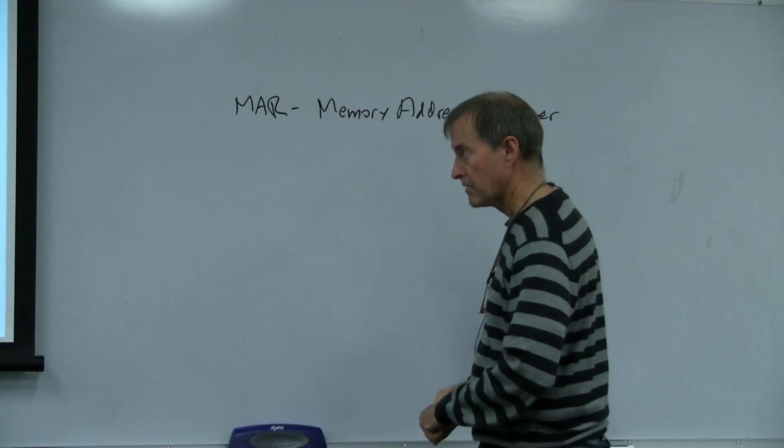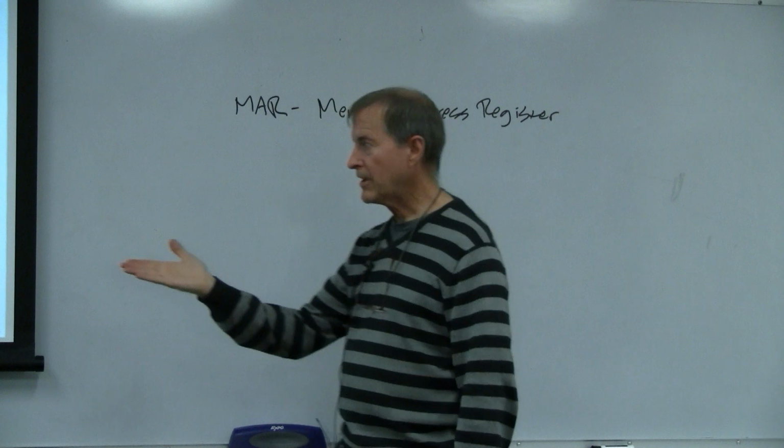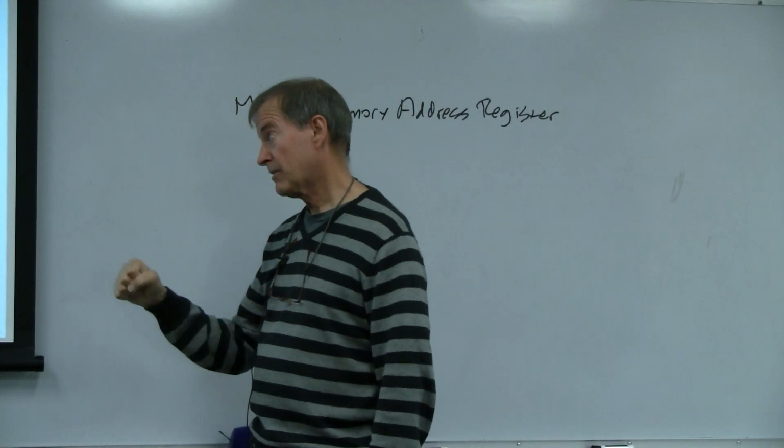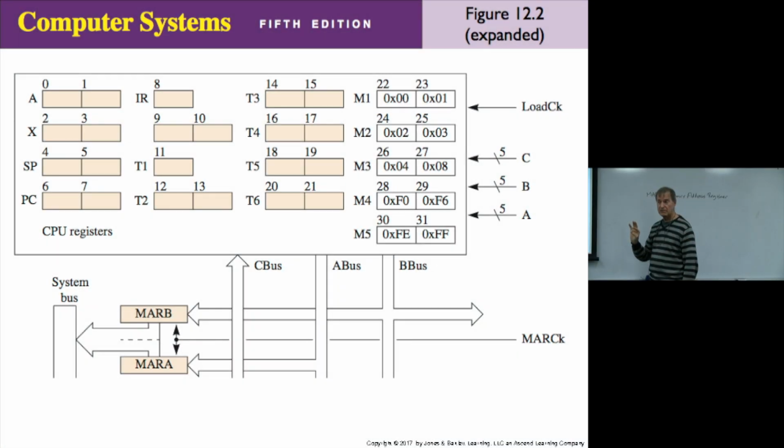That's the MAR. And how many MARs do we have here? How many little MAR blocks do you see over there? 2. There's 2 of them. There's an MARA and an MARB. So MARA is the high order byte and MARB is the low order byte.